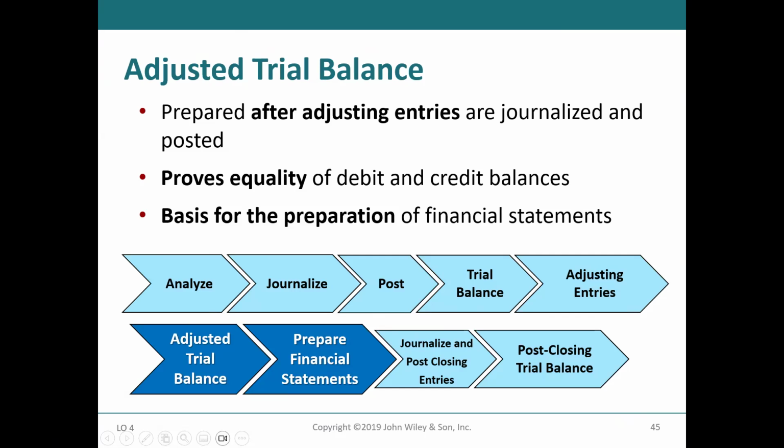We do the adjusted trial balance after we prepare the adjusting entries and after they are posted. The adjusted trial balance helps to prove that total debit equals total credit after you make adjusting entries, and it's very necessary before we prepare the financial statements.